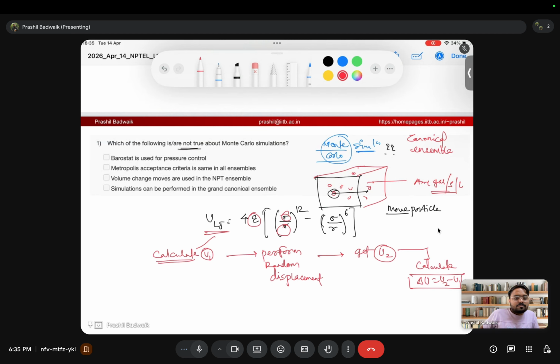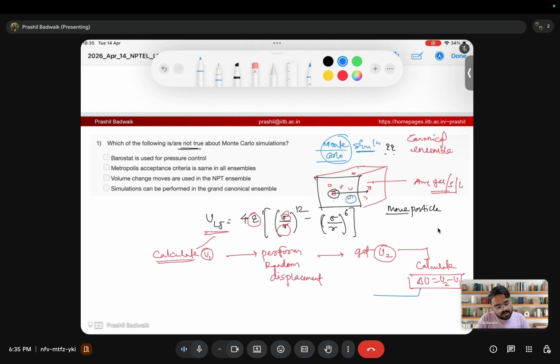What has happened? Initially this particle was here. We calculate its interaction energy with the rest of the particles, and then the interaction energy of the same particle at a certain distance after the displacement. Then we get the change in energy.